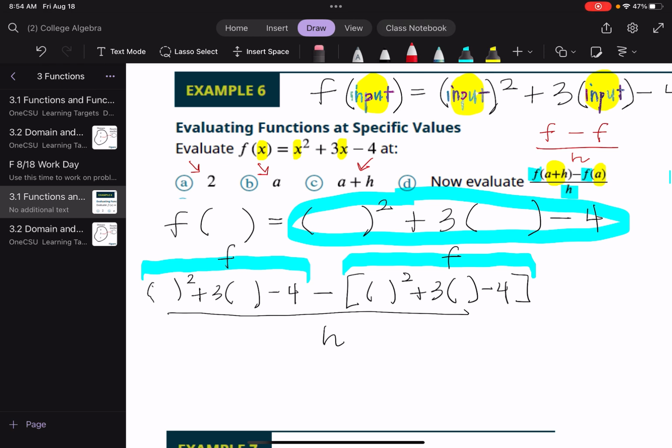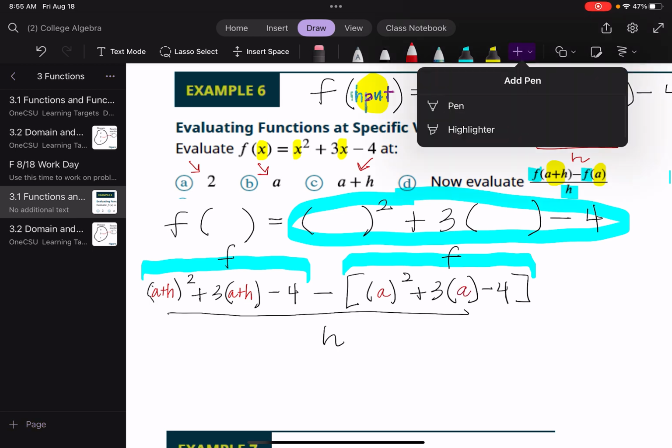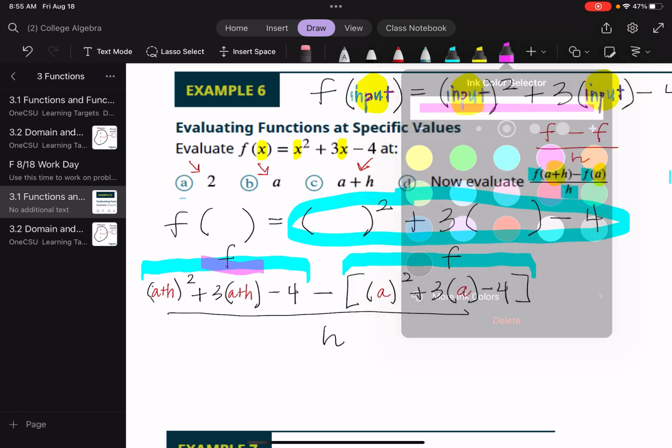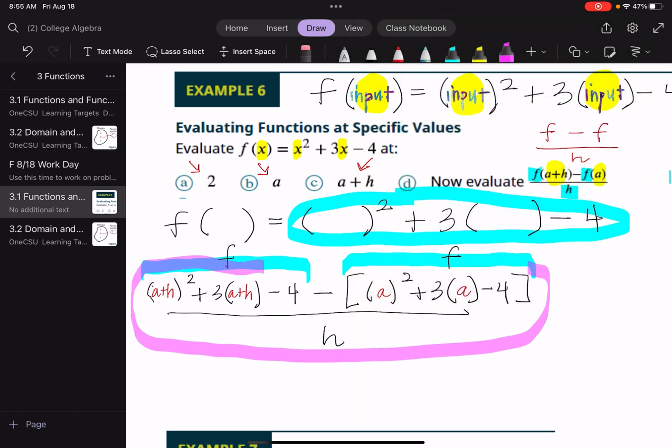So the first f has input a plus h, and the second one has input a. And so essentially, at this point, you've done all the setting up that you need to do. And the only thing you'll need to do from here is just simplify this, right?